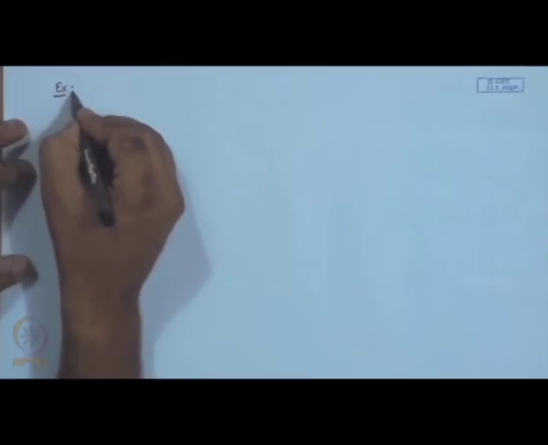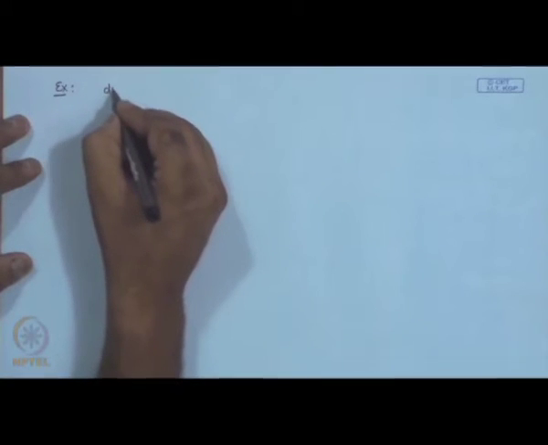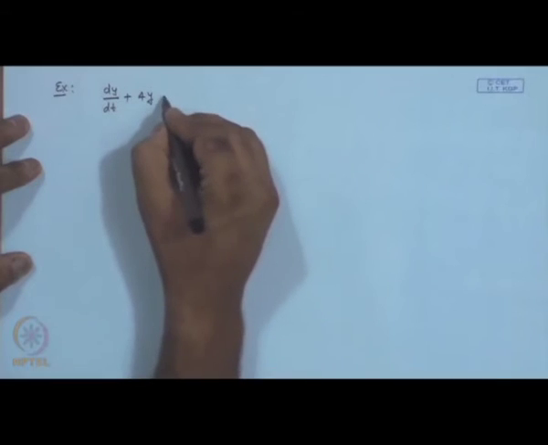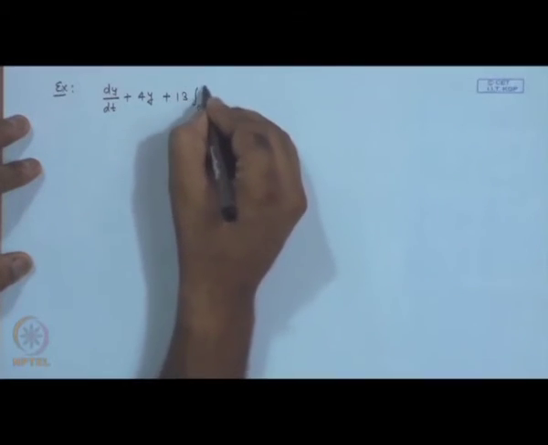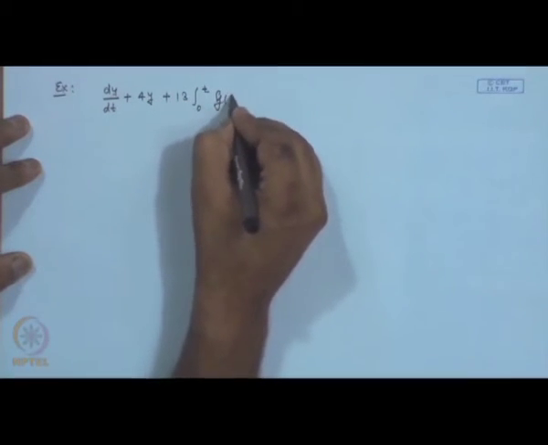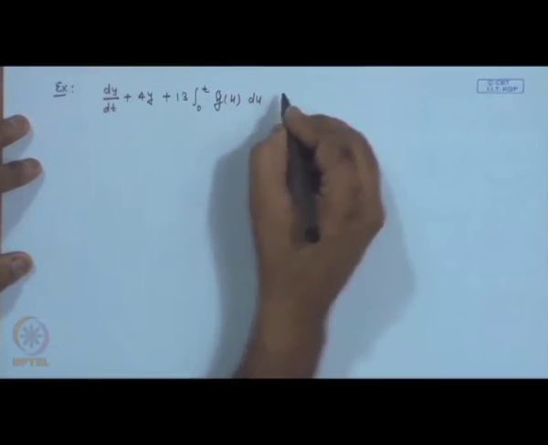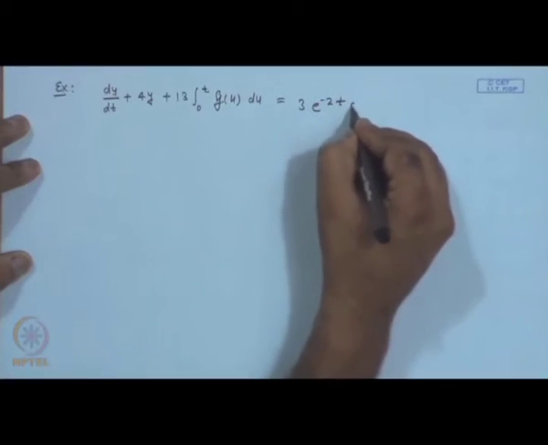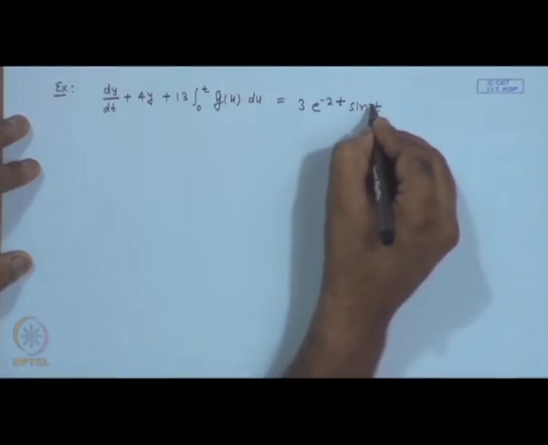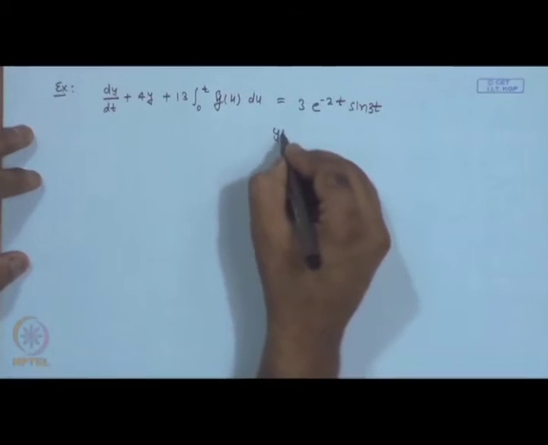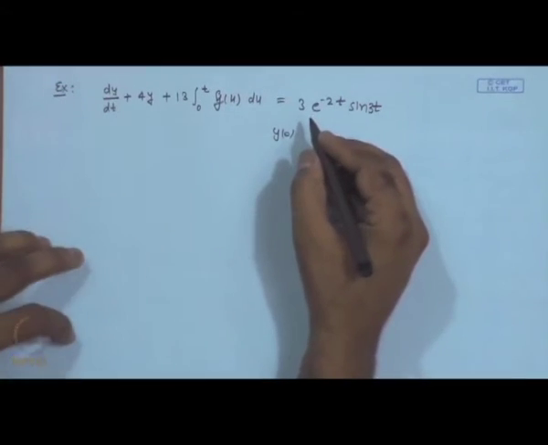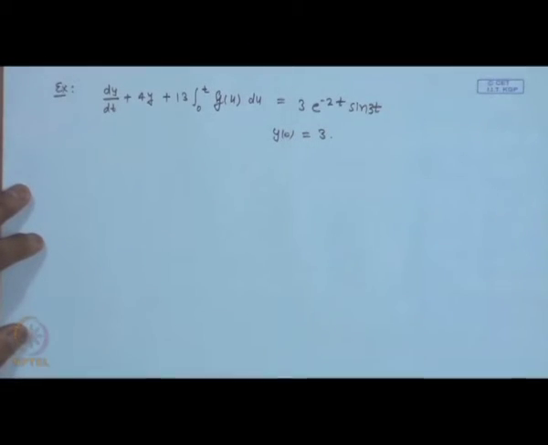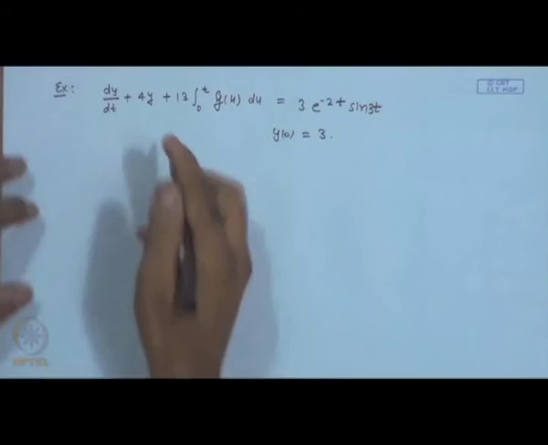We have here the integro-differential equation dy/dt plus 4y plus 13 times the integral from 0 to t of y(u) du equals 3e^(-2t) sin 3t, because the differential term appears, we have to have the initial condition, that is y(0) is given as 3.